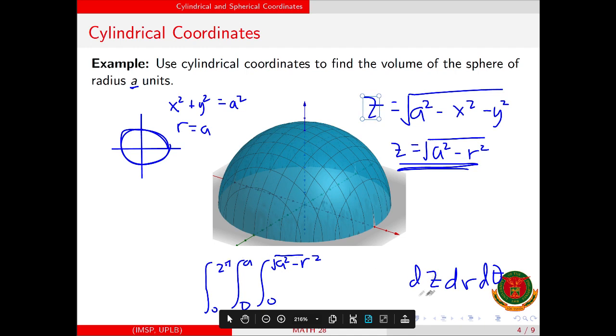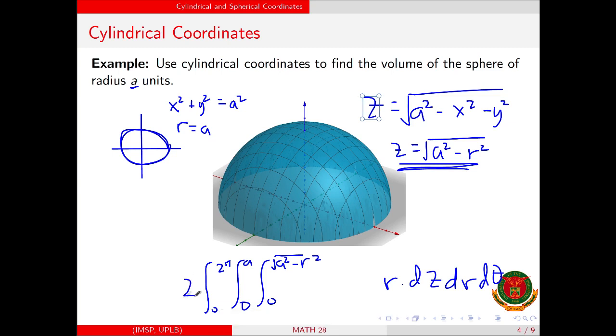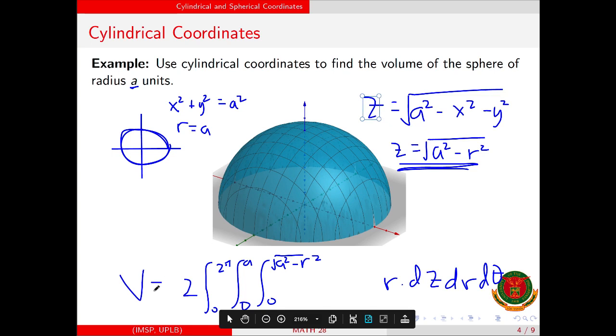And of course, in our integrand, do not forget r. And since we only consider here the upper hemisphere, multiplying it by 2, we get the volume of the sphere.